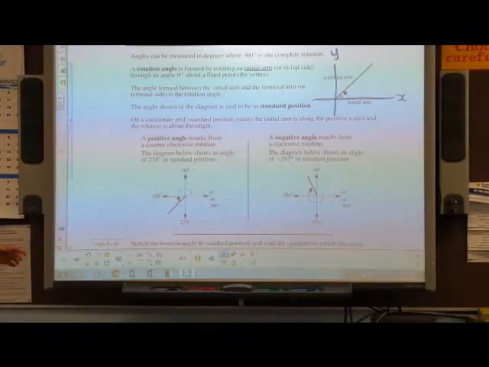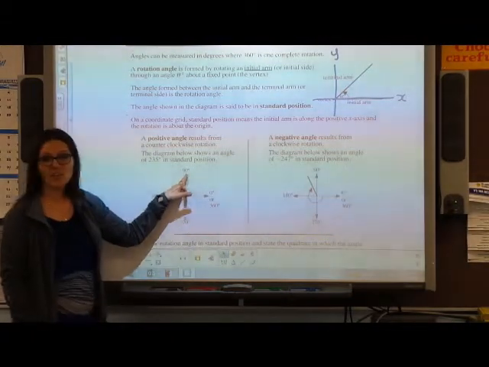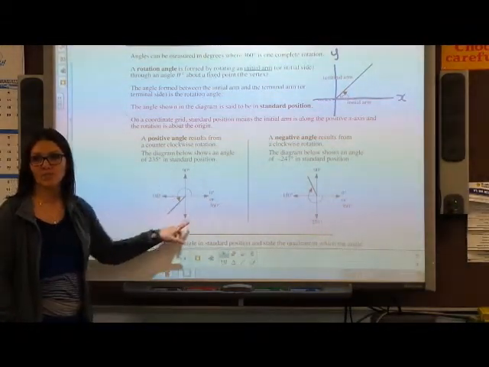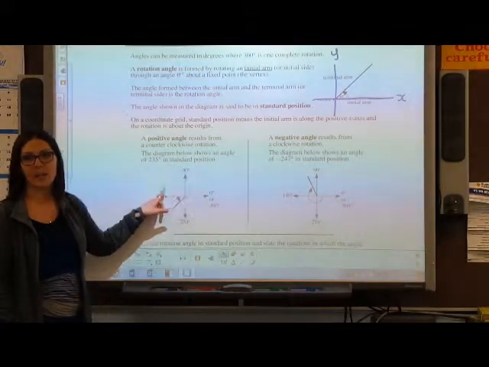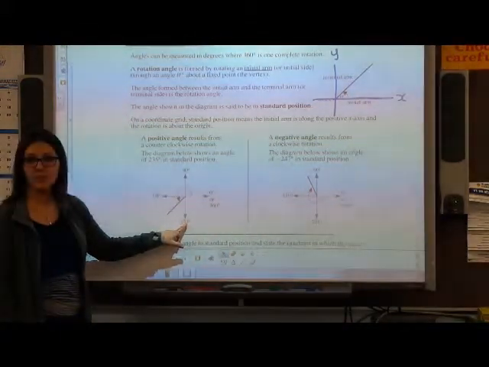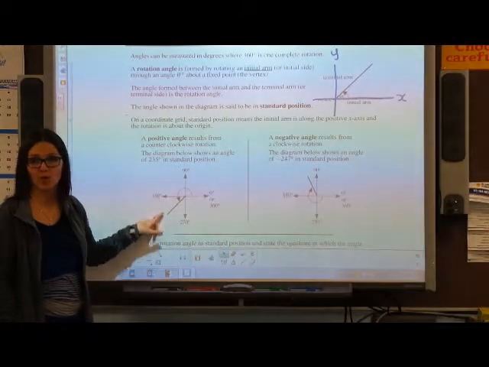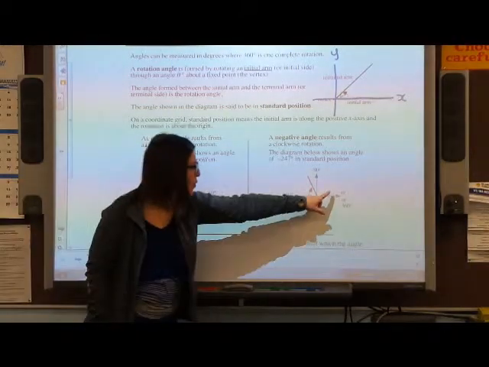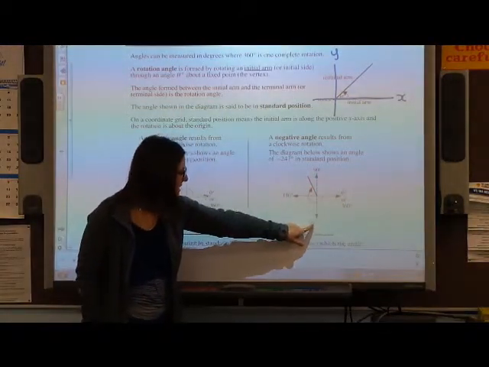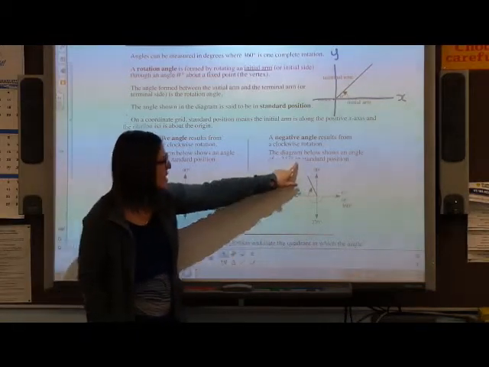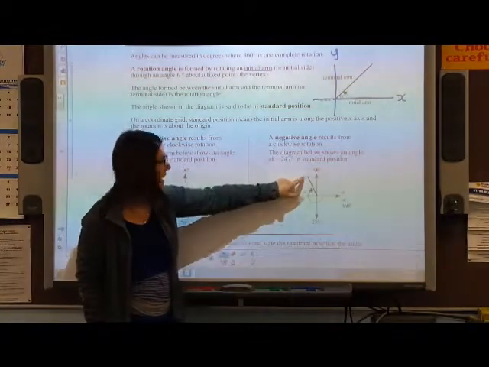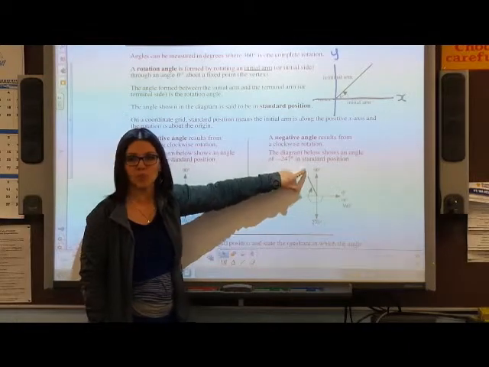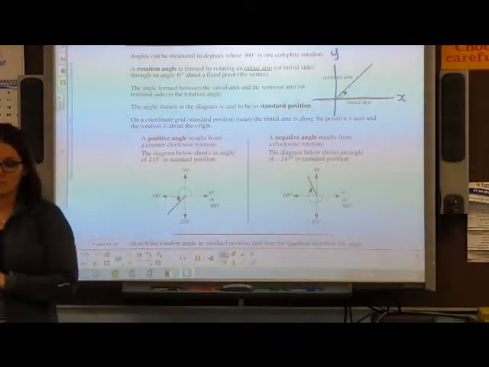Something else to consider: each quadrant is 90 degrees, so I count in multiples of 90. I get 90, 180, 270, so 235 is somewhere in between. And going backwards, negative 90, negative 180, negative 270. So negative 247 is somewhere in between these two amounts.